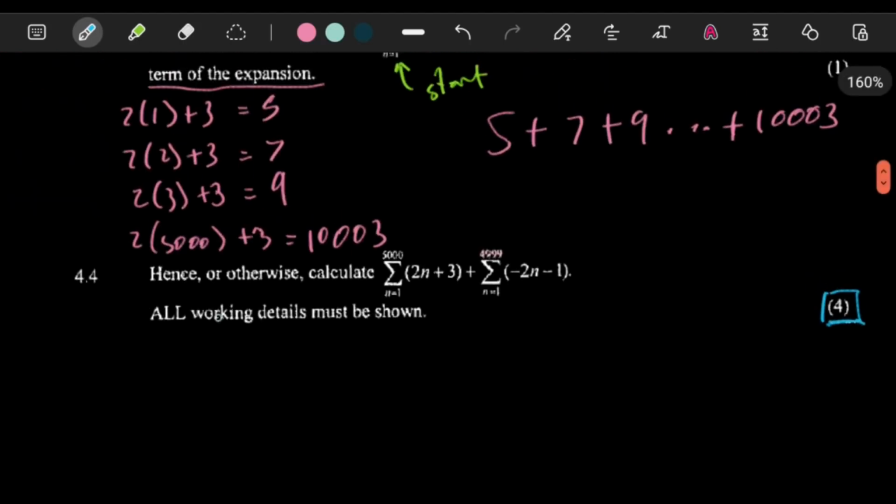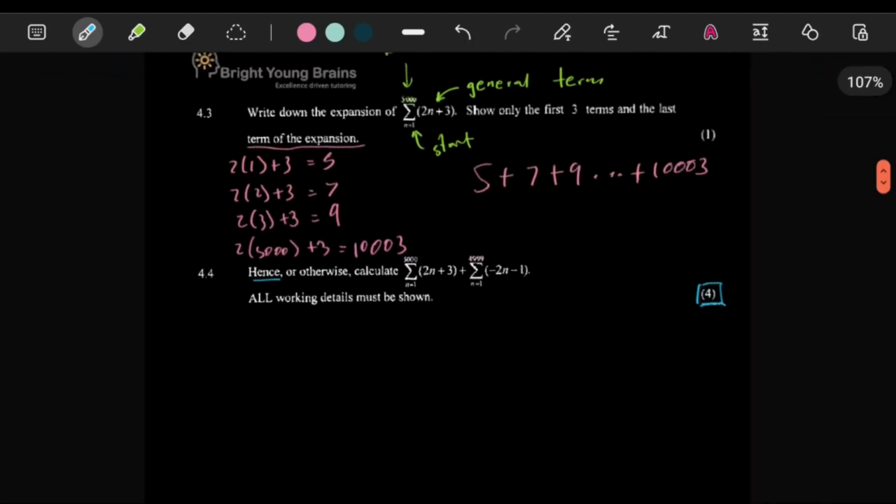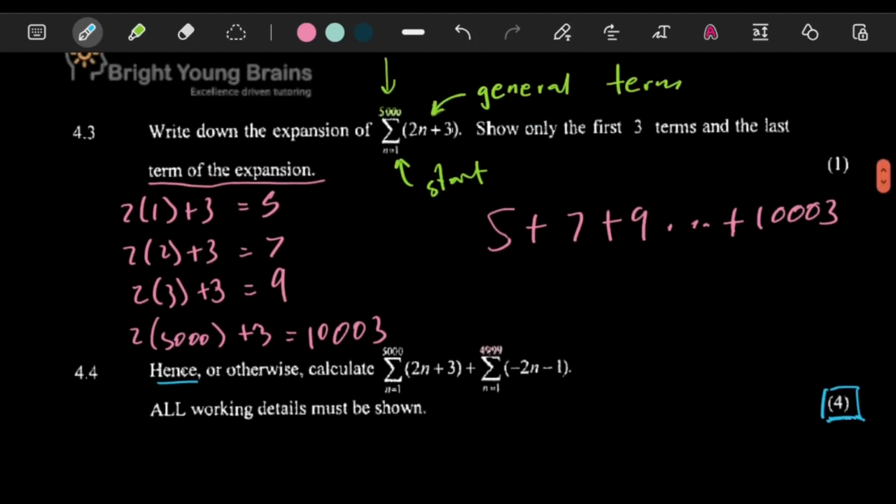For 4 marks, hence. Any question that starts with hence is really annoying, because it needs you to use the previous question. But then I'm thinking, how is the previous question going to help us now? This is really annoying.